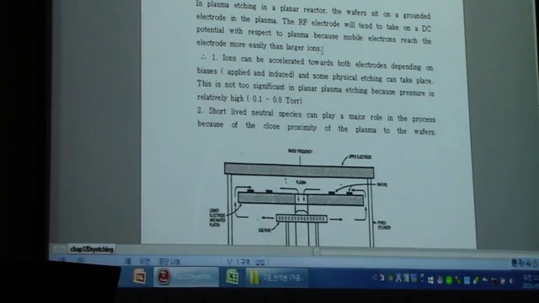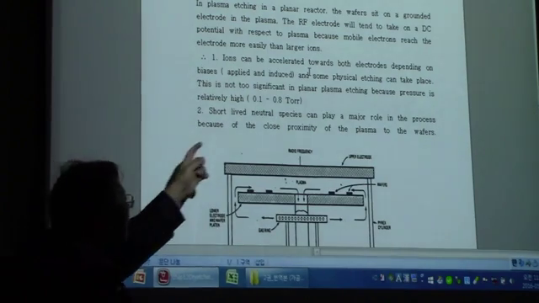Now let's read this. The RF electrode will tend to take a DC potential with respect to plasma because mobile electrons reach the electrode more easily than the larger ions. Therefore, ions can be accelerated. Okay, that is the important thing.